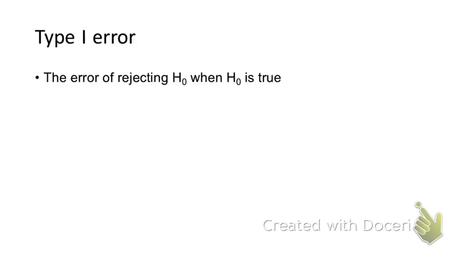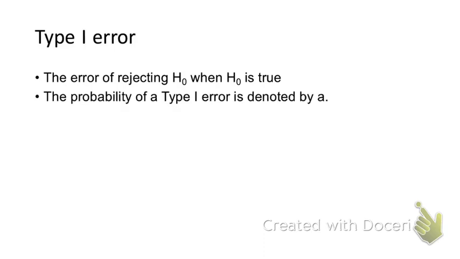A type 1 error is when you reject the null, but the null is actually true. And the probability of that is called alpha. This should be an alpha.